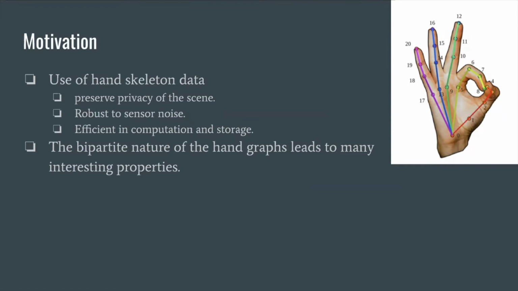We are not using any background information. It is very robust to sensor noise, and it is efficient in computation and storage. It is very easy to represent hand skeleton data using hand graphs, and these hand graphs have many interesting properties, and we will see them later in the presentation.